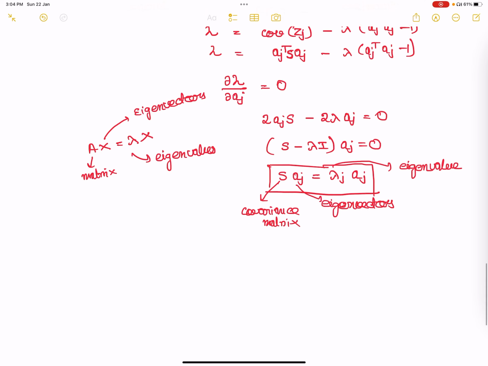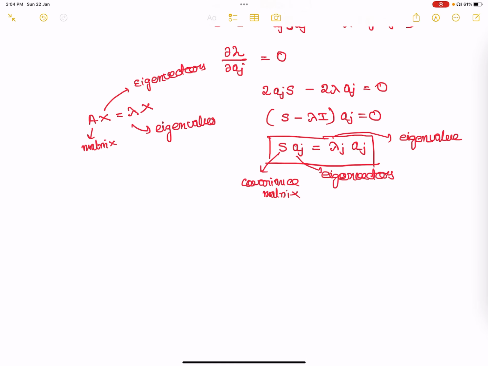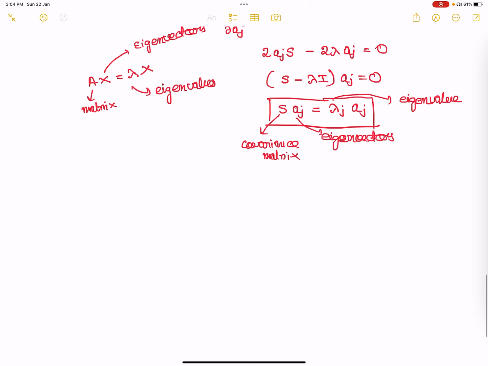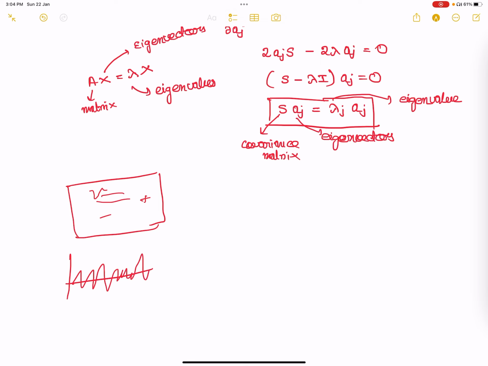Enough of mathematics now. We will try to understand with an example what we see: the empirical orthogonal function as a pattern, like the spatial map which we get, where somewhere it is positive and somewhere it is negative. What does that indicate? And what we get is a PC time series. So one is the EOF and another is the PCs.